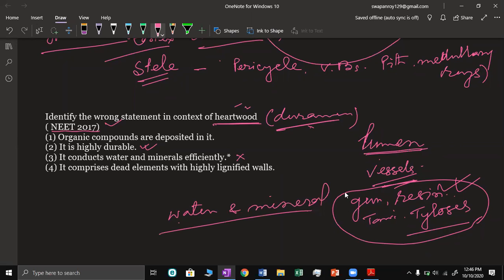Instead, due to this blockage, this heartwood becomes very strong, more strong. They have thicker cell walls. So they provide only mechanical strength.